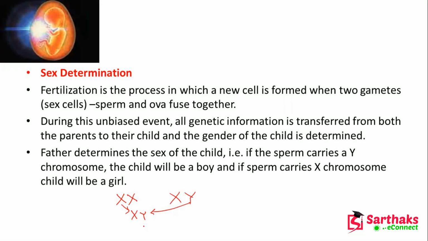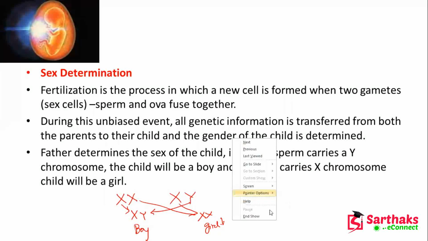If the sperm carries a Y chromosome, the child will be a boy, and if the sperm carries the X chromosome, the child will be a girl. So if it is XY, it is a boy, and if it is XX, it is a girl. The total thing depends on whether the sperm carries X or Y.